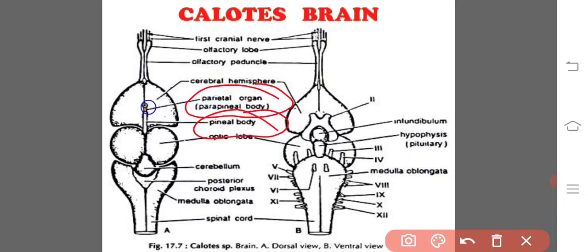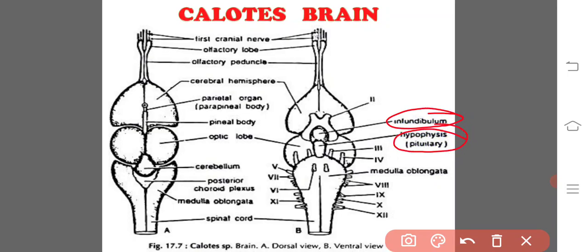So this is the parietal organ and this is the pineal body. The parietal organ is located anterior to the pineal body. From the ventral side of the diencephalon hangs a funnel-like structure called the infundibulum, on the apex of which is situated the pituitary body or hypophysis.